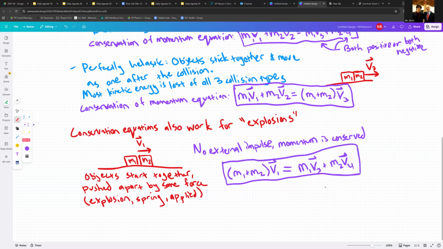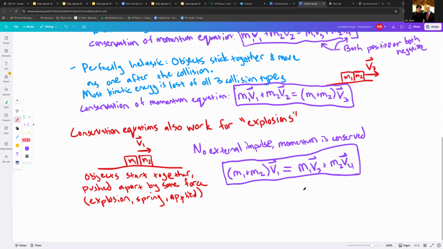And once again, it's not so important that you exactly memorize it. It's more important that you just look at the problem and say, all right, there's no external impulse here, so momentum would be conserved. And I'm going to look at the momentum before they push apart when they're together, and then set that equal to the momentum afterwards when they're moving their separate ways in separate directions with v3 and v4 as their velocities.